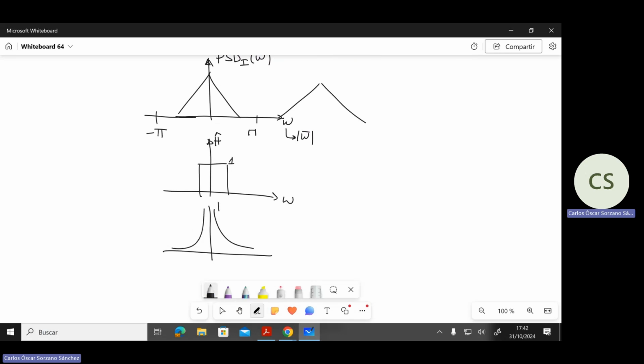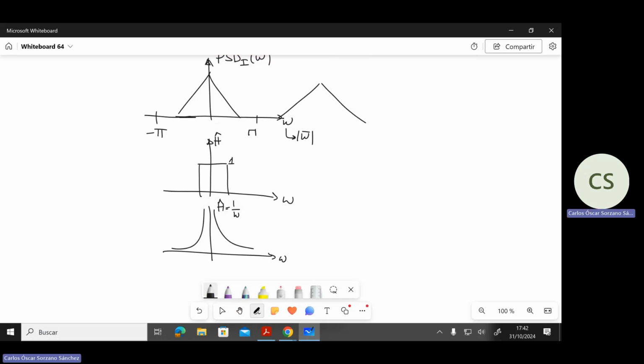So this one in the slide was 1 over omega. So it is a radially symmetric kernel that behaves as 1 over omega.